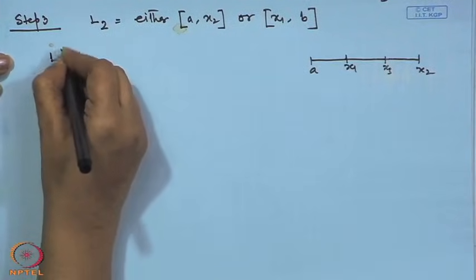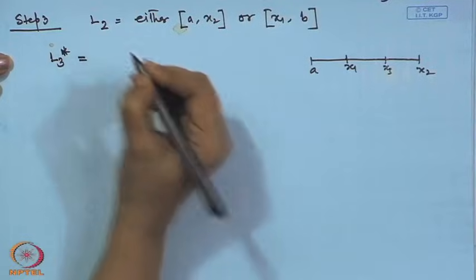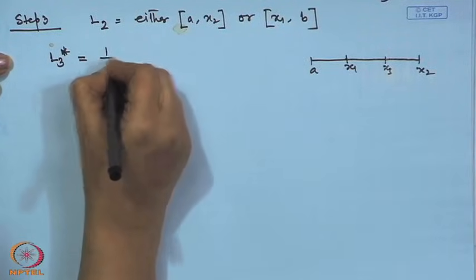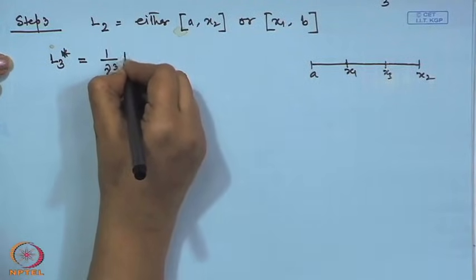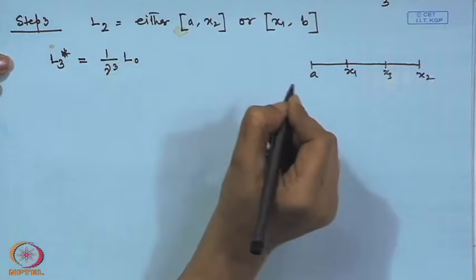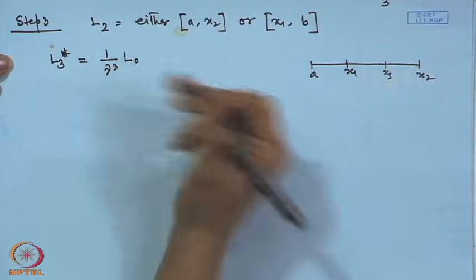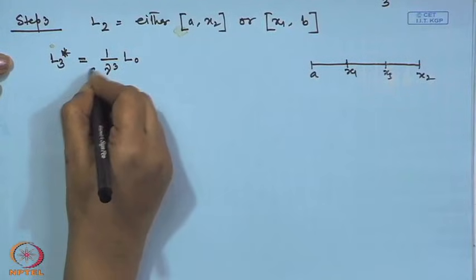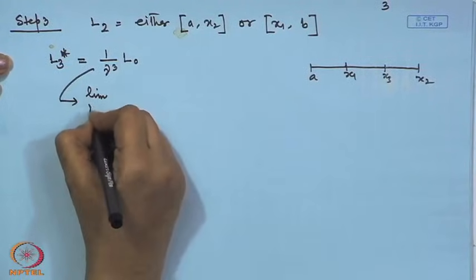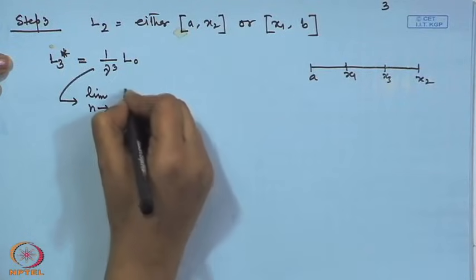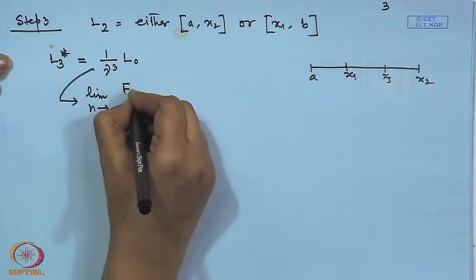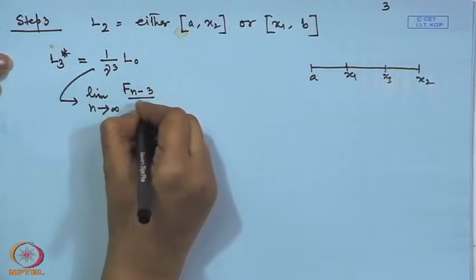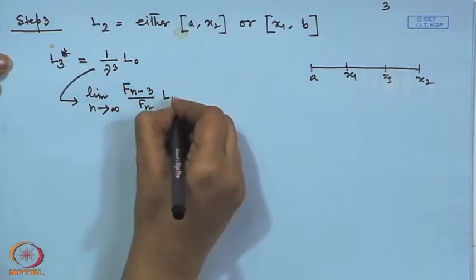L3 star. L3 star would be equal to 1 by gamma cube L naught. How we got it? Again with a similar process, that can be written as limit n tending to infinity, just like the Fibonacci method, fn minus 3 divided by fn L0.